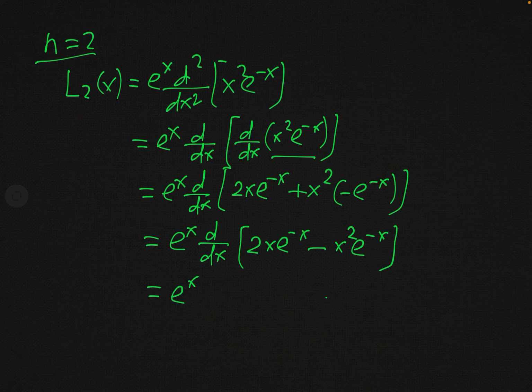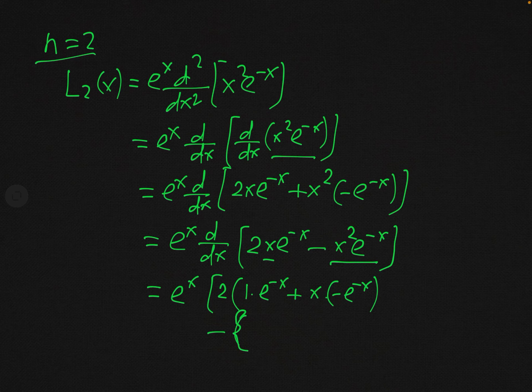Here the derivative of 2x will be 2, so 2 times e raised to the power minus x, plus 2x times the derivative of e to the power minus x, which will be minus e to the power minus x, and now minus the derivative of x square e to the power minus x. So you can see what will be our result.